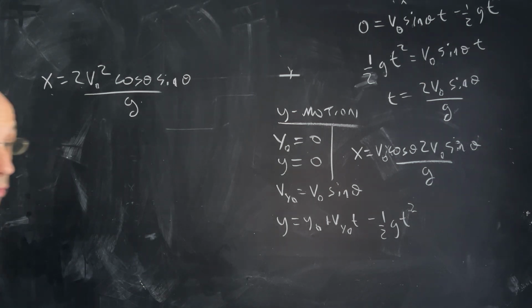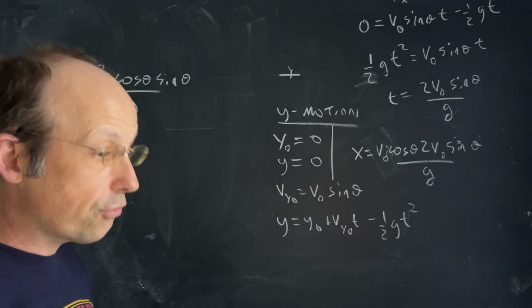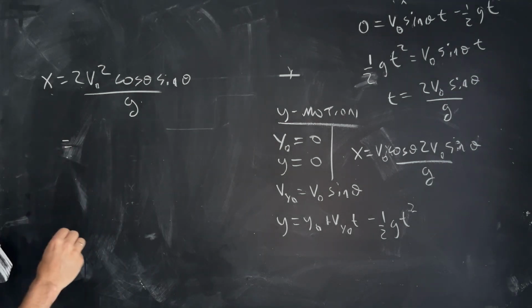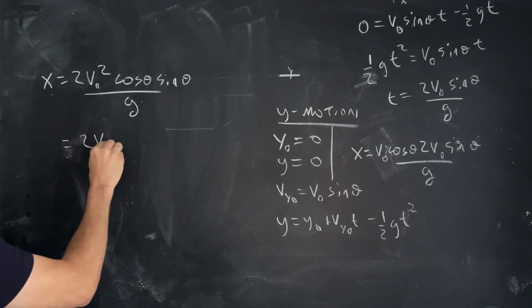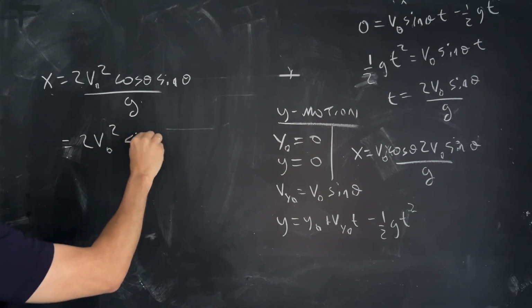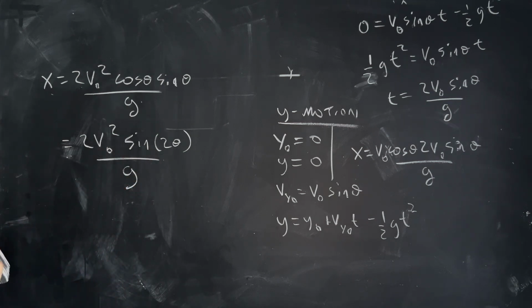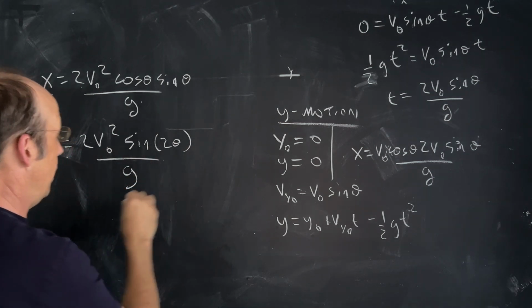Now you can use your trig rules. Cosine theta times sine theta, you don't have to do this, but it gives 2 v0 squared sine of 2 theta over g. And you'll see this come up a lot. This is called the range equation.